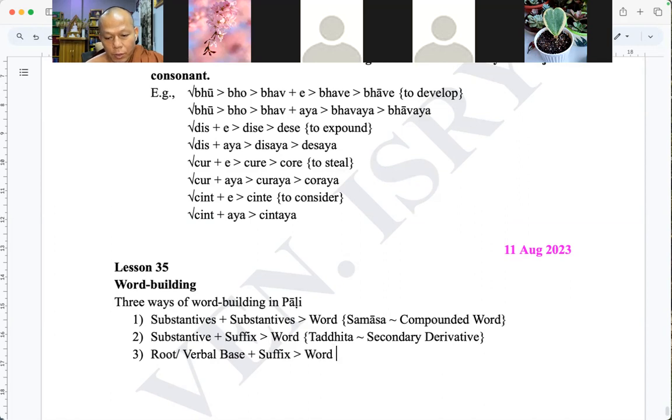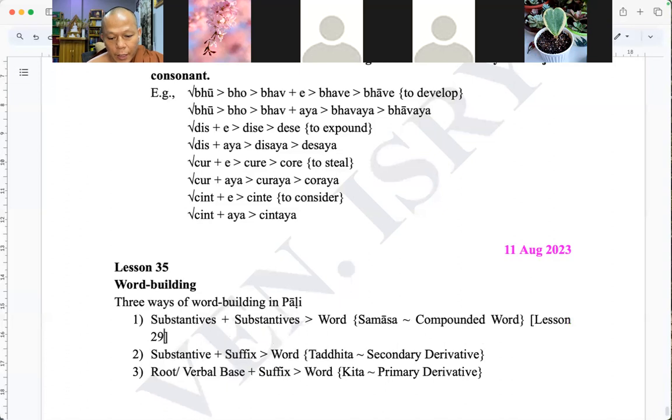In Pali we call that kita, the primary derivative. The first way we already covered in lessons 29 and 30. So in this lesson, firstly, the second way.